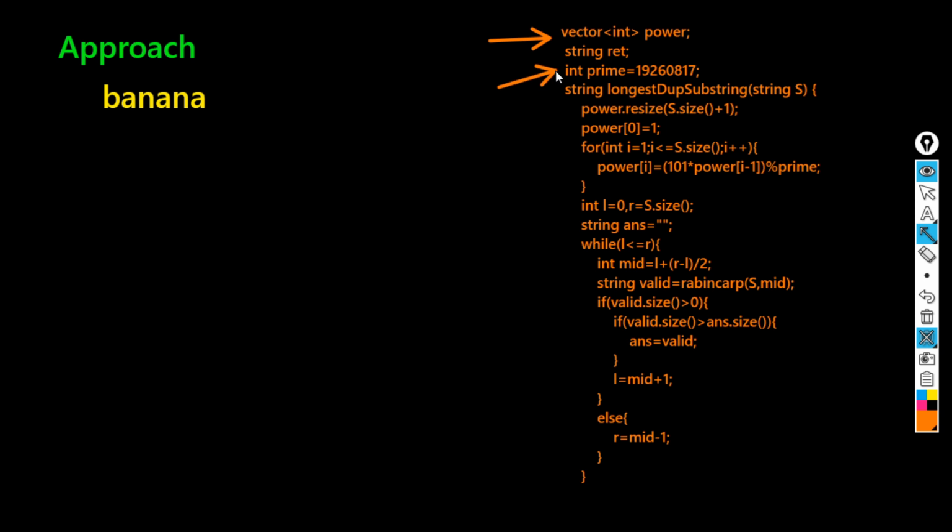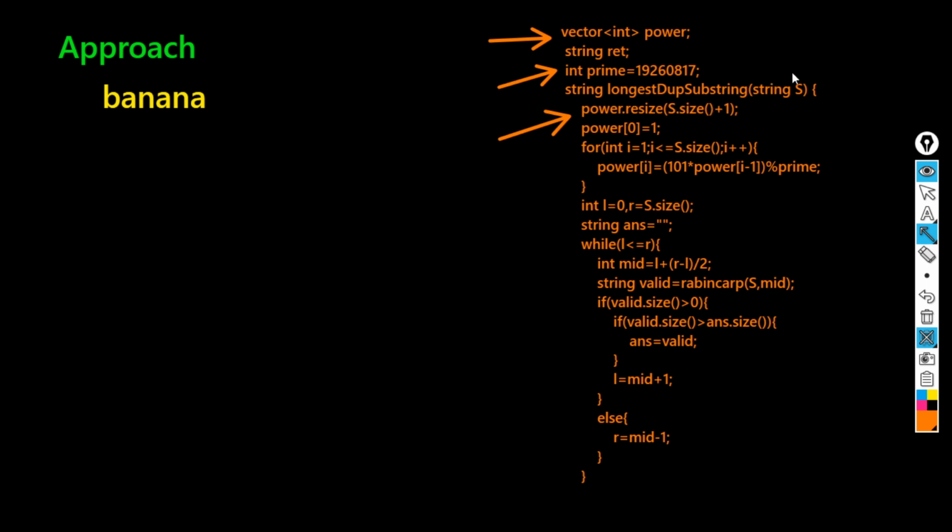And second, I am considering a prime number. It should be very high, because if we use lower prime numbers, then it will produce a TLE, or time limit exceeded error. So this is our main part. First of all, I am resizing the power according to my string.